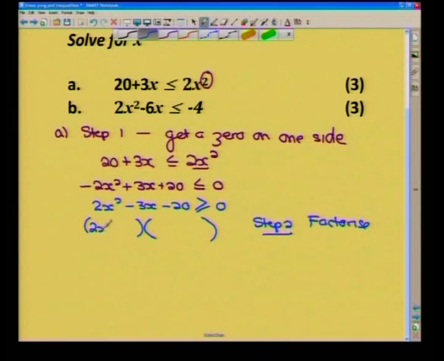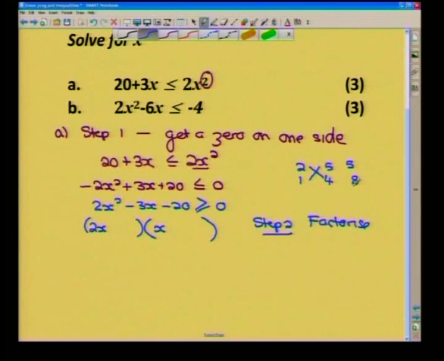Right, so we've got a 2x and an x, and you can choose any method of factorizing you want. Most of you have probably seen this, and I have shown you on other occasions another way to do it, so it's really your choice. Now, if we're looking for 3, let's try 4 and 5. 4 here, 5 here, and it looks like I've hit it lucky. 2 times 4 is 8. 1 times 5 is 5.